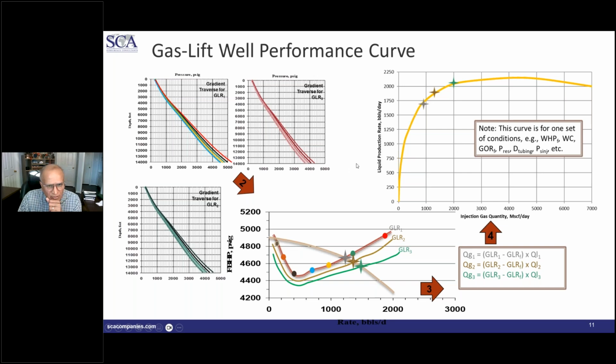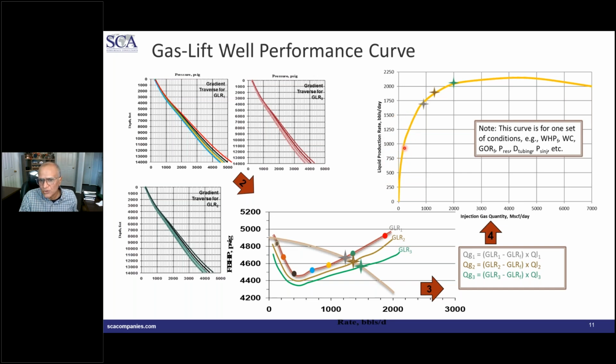But if I had to give you a quick summary of what this graph is saying, what you're seeing on the right side here at the top is the gas lift well performance curve, which essentially gives you the relationship between the injection gas quantity and the liquid production rate.